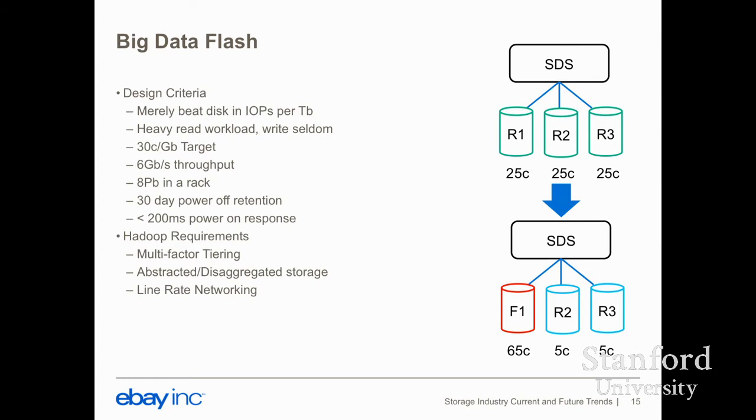So we said, just merely beat the enterprise nearline drives that I'm using in my Hadoop environments. Don't blow them away. We figured out that a 30 cent per gigabyte target is the inflection point where it really makes sense to replace all the nearline drives. Initially we don't really need that, but that's the roadmap we want to get to: 30 cents per gig for flash.